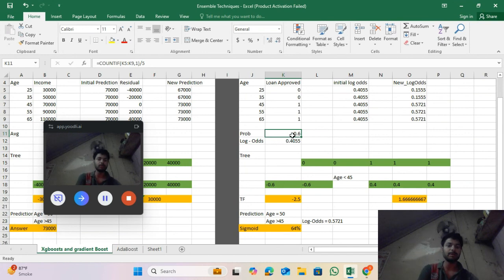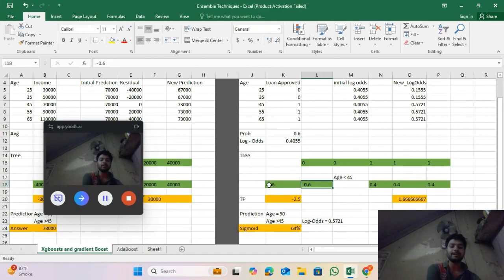So your probability was 0.6. For 25 and 35, the actual loan was not approved, so your value is 0. 0 minus 0.6 is minus 0.6, and again 0 minus 0.6 is minus 0.6. But in the case of 1, it will be 0.4, 0.4 and 0.4.